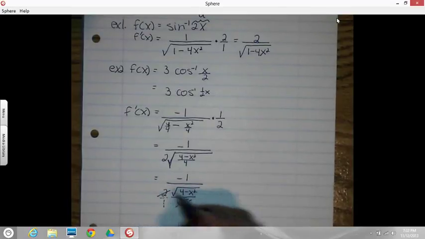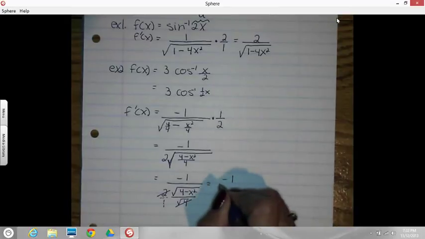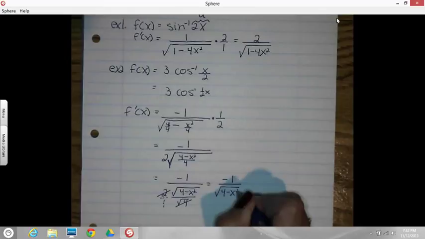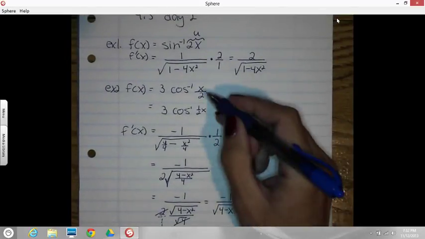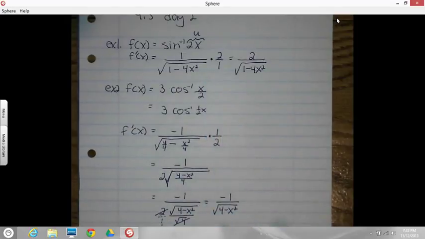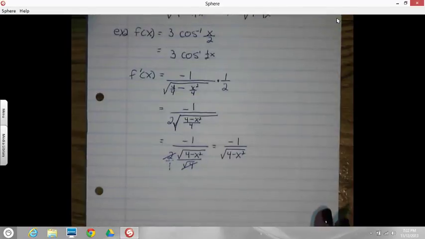That can cancel that. That got rid of our fraction in the bottom, and that will happen on these. And there's our final derivative. So when your ratio ends up being a fraction, it's a little more work to simplify it. Let's see, I think I can fit this one on here.